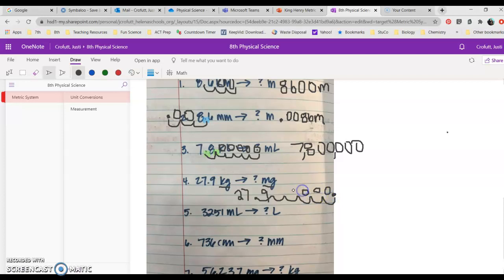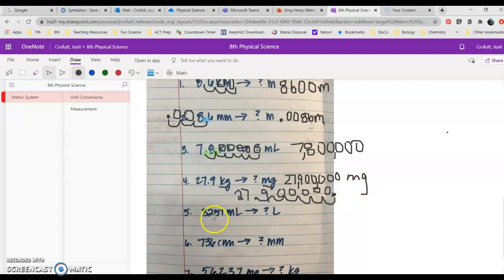Those are some good zeros. So it looks like we're going to be adding again 5 zeros at the end. So 2, 7, 9 followed by 5 zeros. 1, 2, 3, 4, 5. Add in our commas. 1 comma, 2 comma. So 27,900,000 milligrams in 27.9 kilograms.